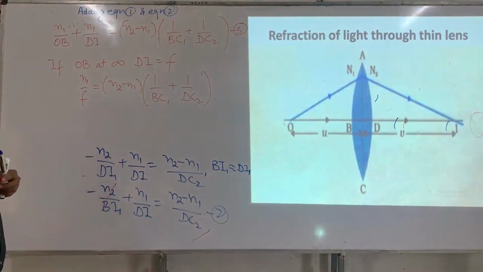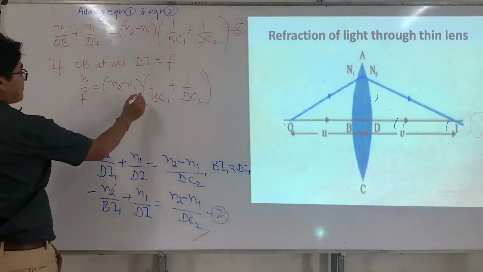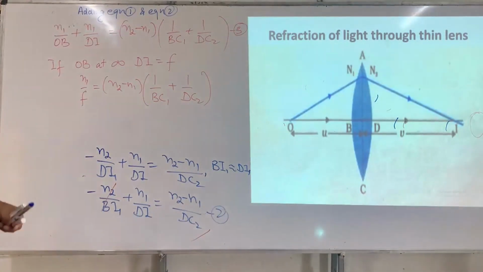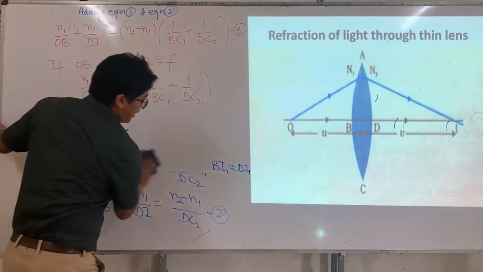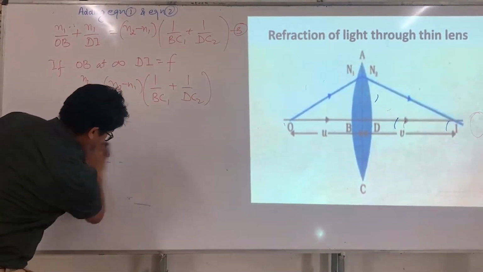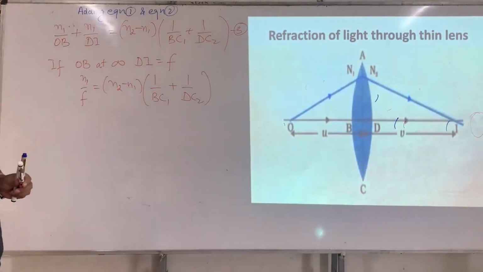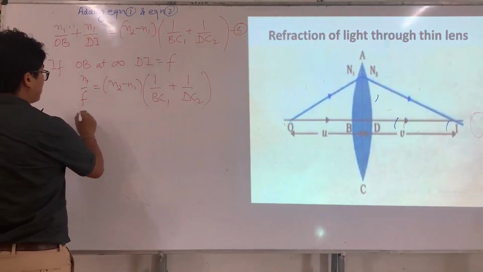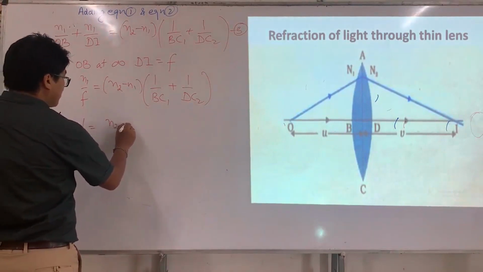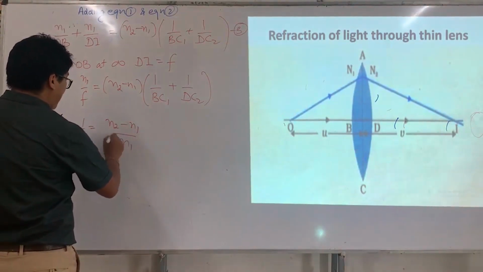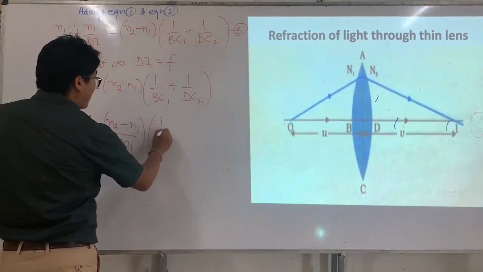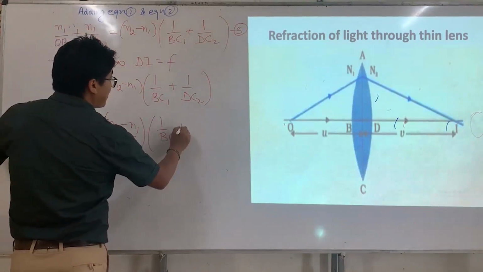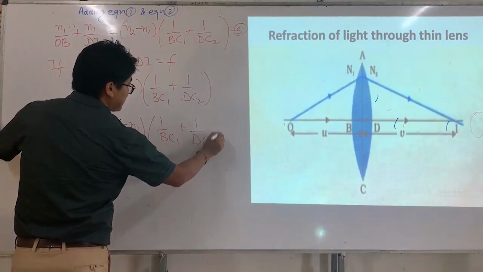This is what we have. Now I'll do some simplification. That is 1 by F is equal to n2 minus n1 divided by n1, 1 by bc1 plus 1 by dc2.